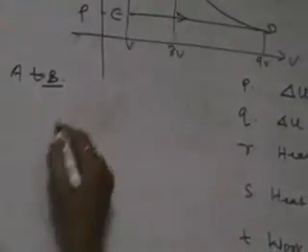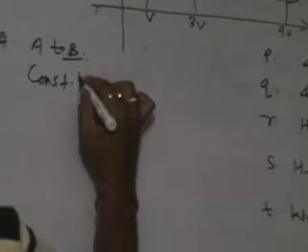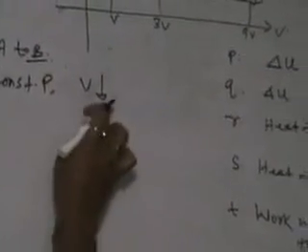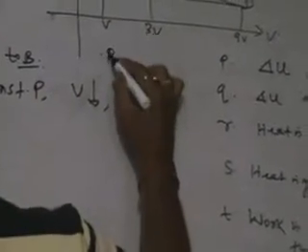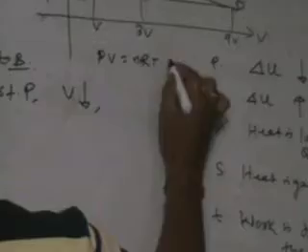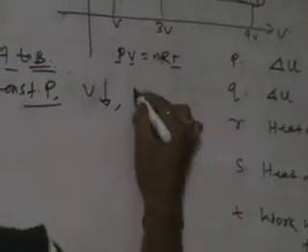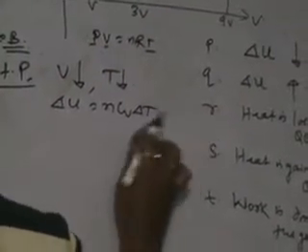We know A to B is at constant pressure, and volume is decreasing. I have used this sign for volume decreasing. So PV equal to nRT: at constant pressure, volume is directly proportional to temperature, so temperature will also decrease. Delta U is nothing but nCv delta T, Tf minus Ti.